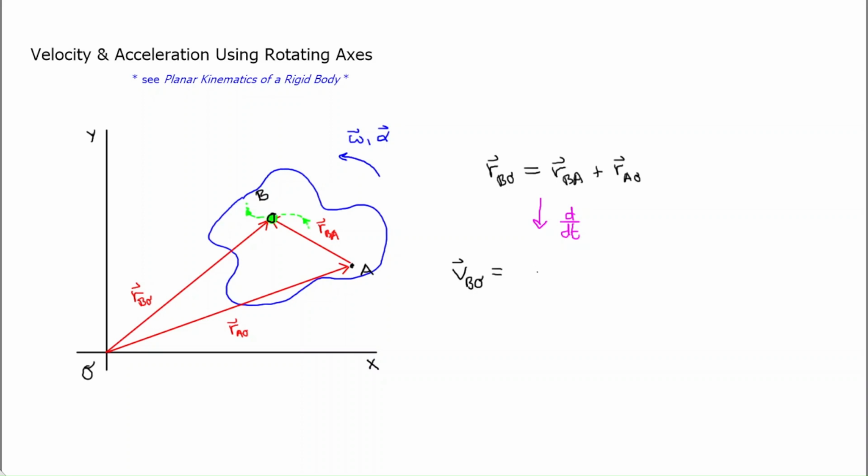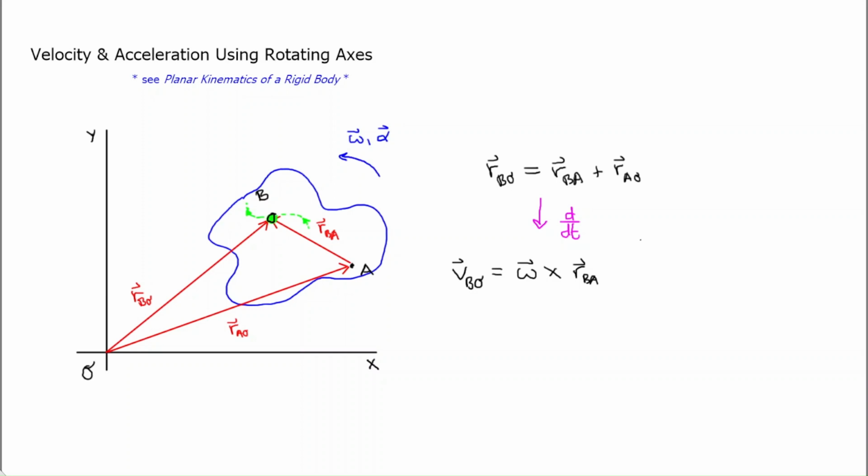First, point B on this rotating object is a fixed distance from A. Now I'm not talking about the particle that happens to be at location B, but the point itself. It's a fixed distance from A. So the only way in which it can move with respect to A is via some rotation.